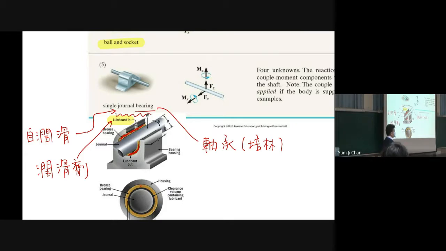For this kind of bearing, of course, it can rotate freely. We have a bearing that can rotate freely here. It can rotate freely, because the only thing between the shaft and the bearing is lubricant, which is, you can say, oil, and of course it can move freely along the axis.